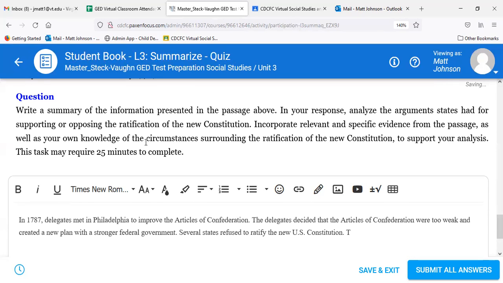Oh, you know what? We can make this one complex sentence. So let's erase that period there. Several states refused to ratify the new U.S. Constitution without protection for individual rights.